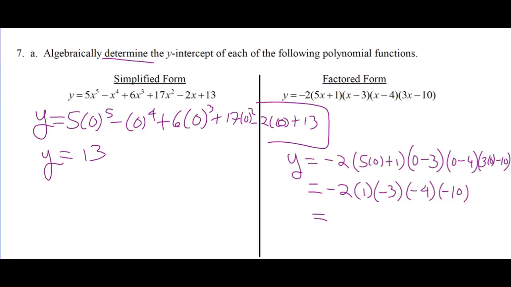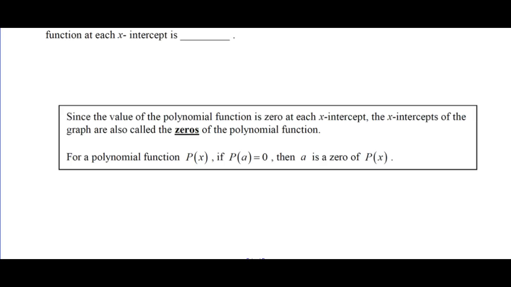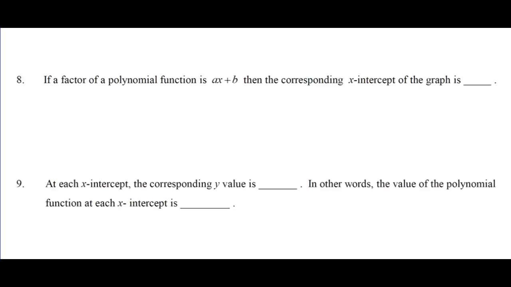I got 4 negatives, which makes a positive. So we got 240. It'll be positive 240. So determine, second sheet, show work. Do something, show why it is. All right, so determining the y-intercept, you set x to 0.